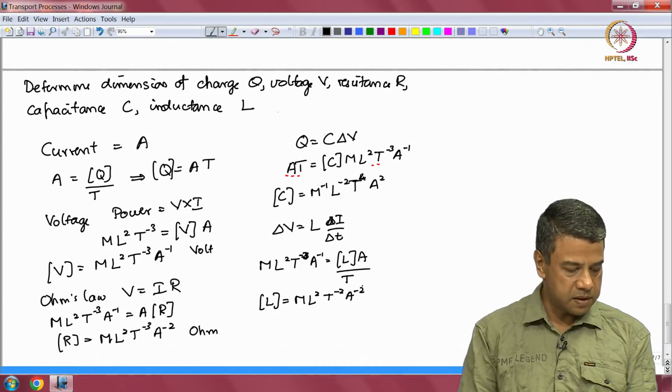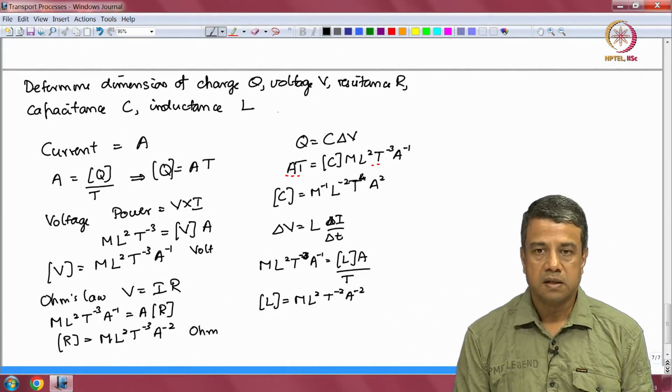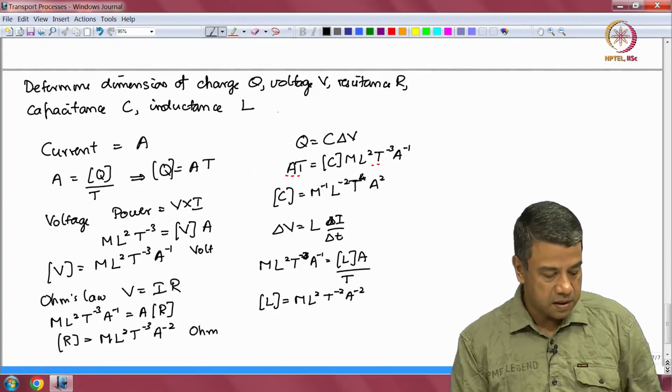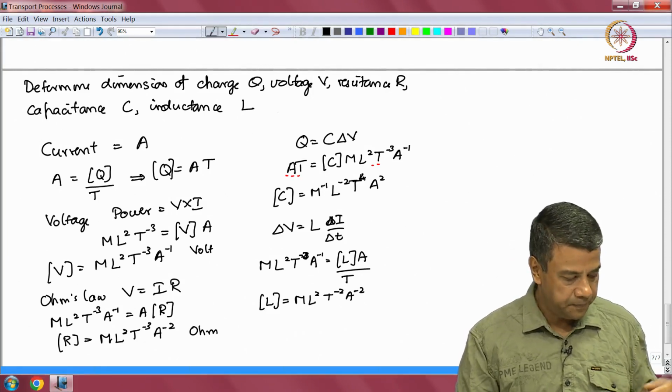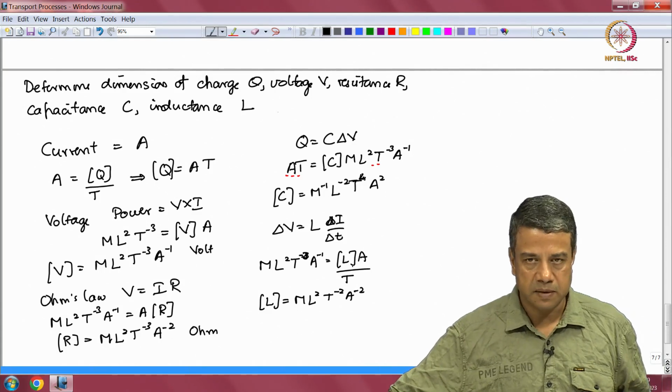So, that is the dimension of inductance. These are the dimensions of all the electrical quantities. So, this is how you calculate dimensions.